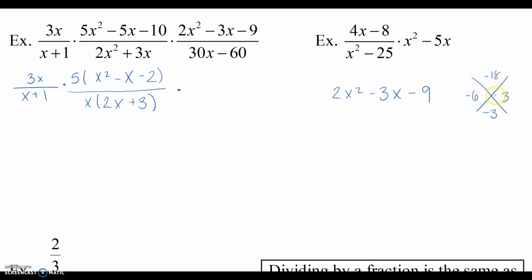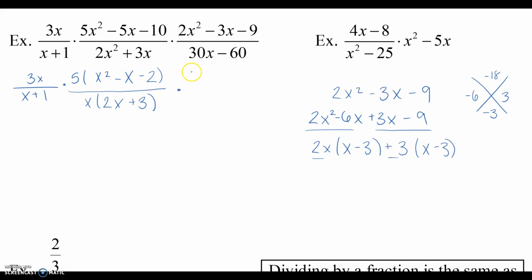Negative 6 times 3 is negative 18, negative 6 plus 3 is negative 3. So we rewrite it as 2x squared minus 6x plus 3x minus 9. Factor out the greatest common factor, so 2x, and we're left with x minus 3. Greatest common factor is 3 times x minus 3. So my factors are going to be 2x plus 3 and x minus 3.